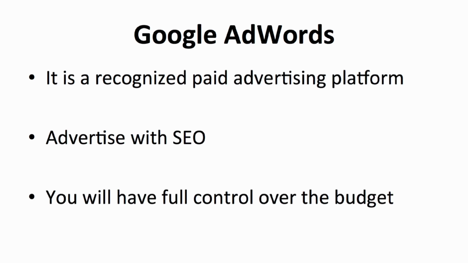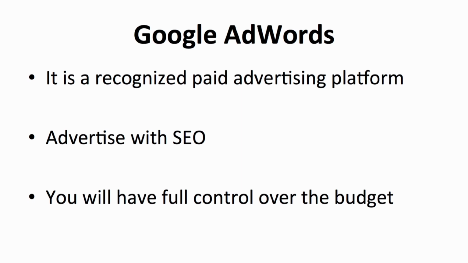Unlike the organic traffic you get from just putting your video up, Google AdWords is a recognized paid advertising platform. With the huge number of users, Google is indeed the most prominent platform in the world. For your information, Google has 86% of the market in search engines. More than three quarters of the people in this world use Google's search engine in their daily life.